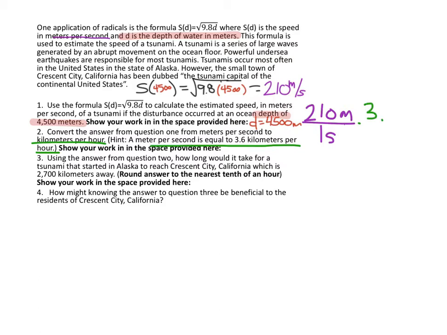So just to show the work on this, this would be the dimensional analysis for it. It's 3.6 kilometers per 1 hour. And again, that's the same thing as meters per second. Well, maybe it's not the dimensional analysis. That's okay. But those are going to cancel out. And really, it's just 210 times 3.6.